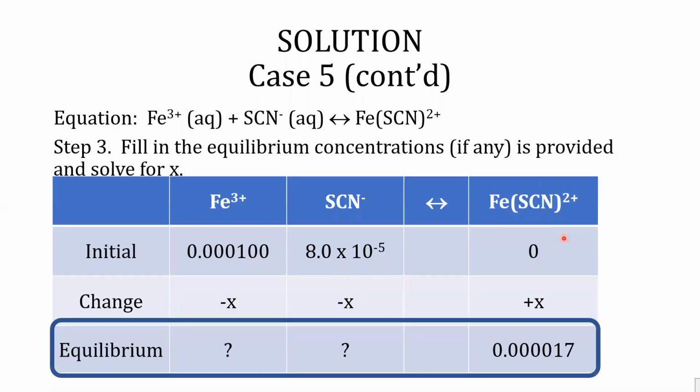Step 3 is to fill in the equilibrium concentration, if any is provided, and solve for x. In this case, the equilibrium concentration of FeSCN2+ is 0.000017 molar.